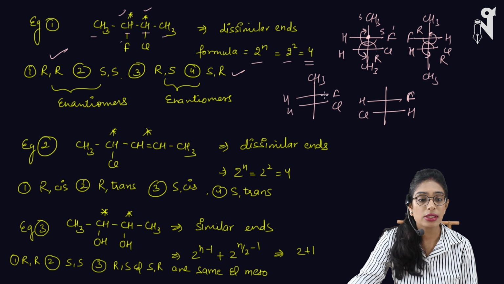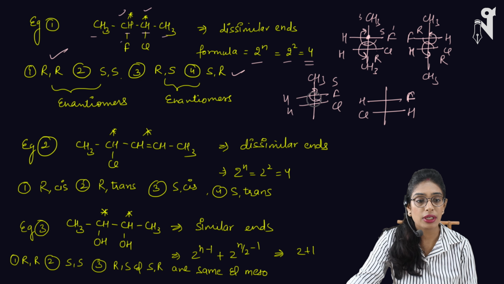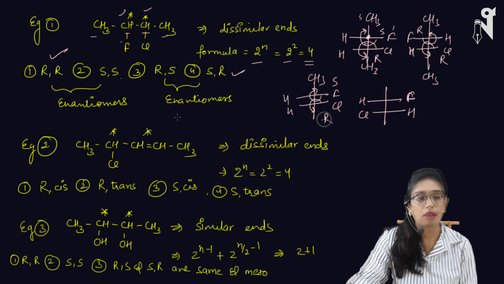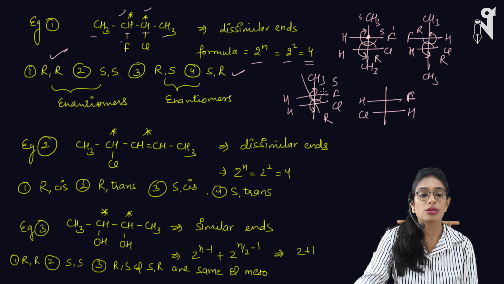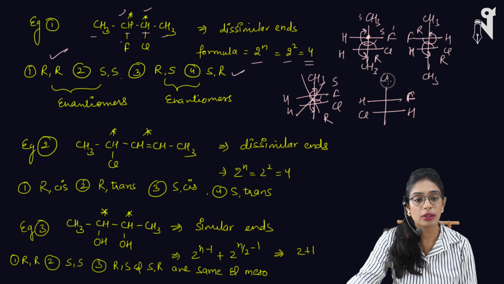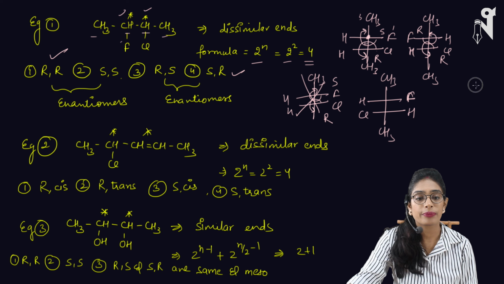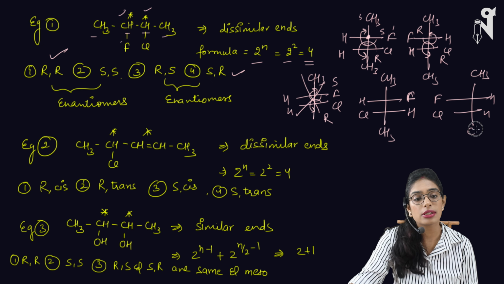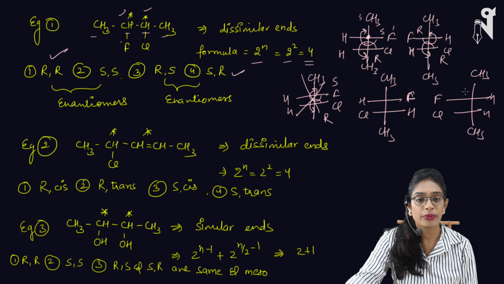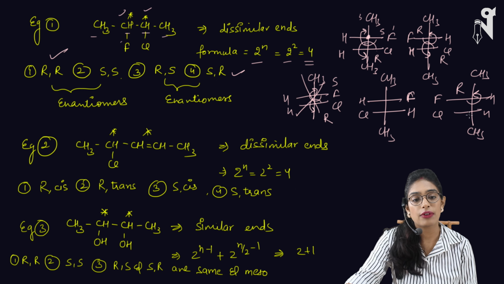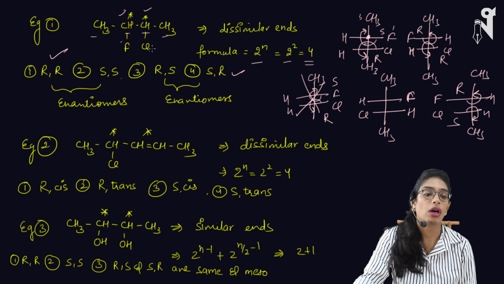Now look at this, this is clockwise so this is S, and this is anti-clockwise so this is R. Did I draw the same thing? Yeah, I have drawn the same thing, my bad. So the other isomer will be fluorine here, chlorine here, hydrogen here, CH3 here and CH3 here. In this case, going like this will be R, and going like this will be S, so RS.